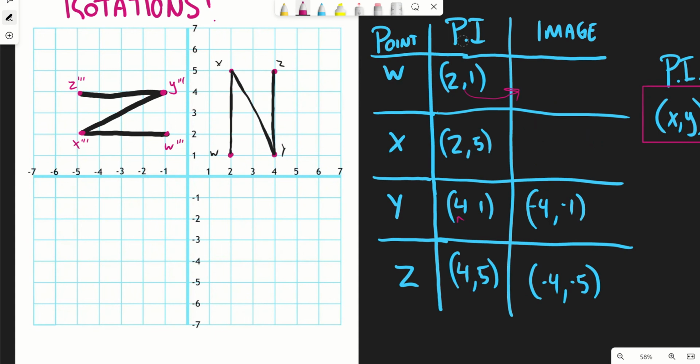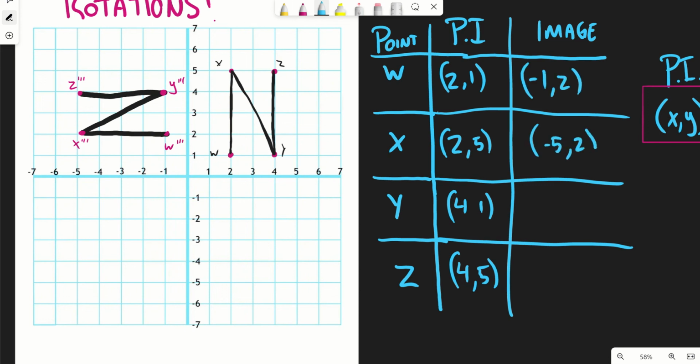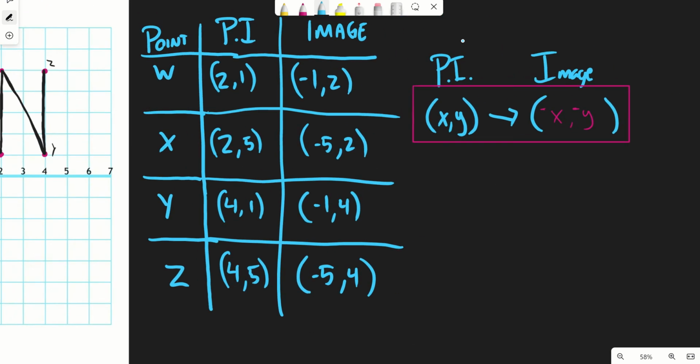All right, and if I were to make these same markings, make the same rule, I would say, okay, well now W started at 2, 1. It is now at -1, 2. X is now at -5, 2. Y is now at -1, 4. And Z is now at -5, 4. And we can say, okay, well, the relationship, the rule that we've just created is our order switched, Y X, and our Y value this time became negative.